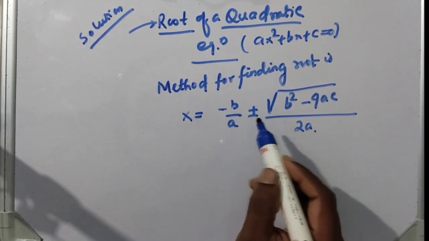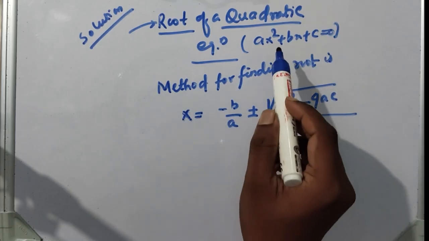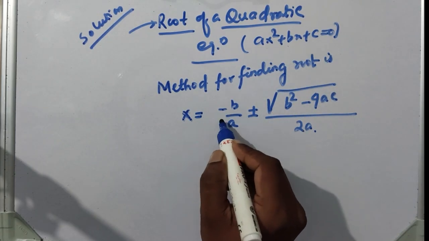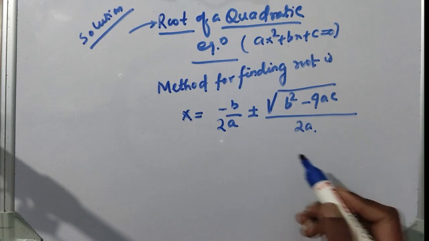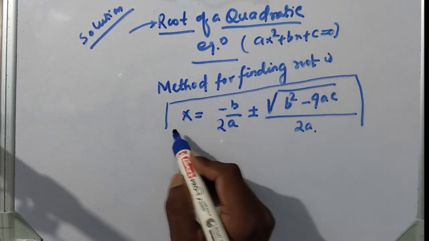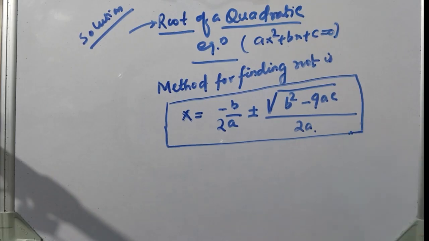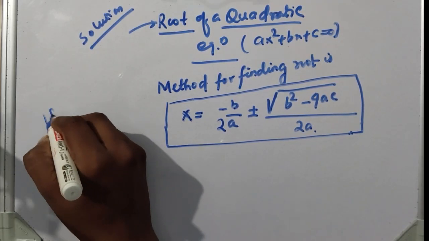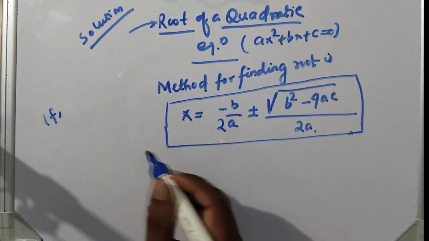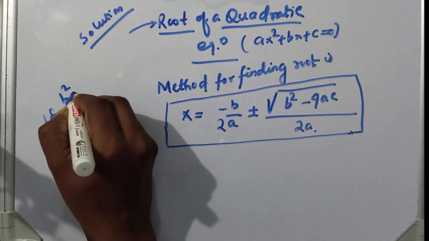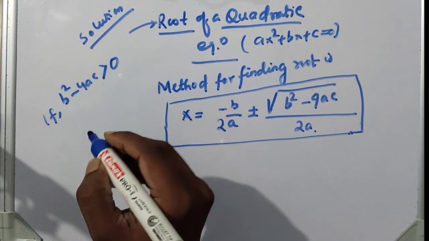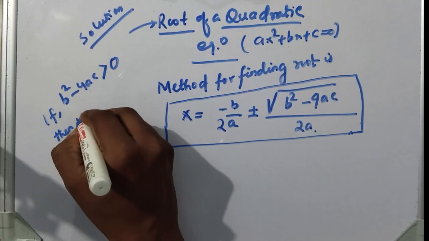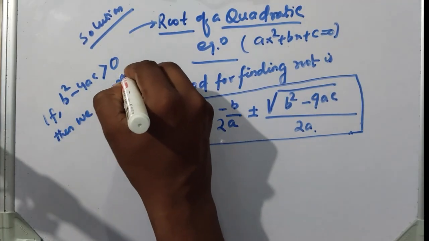So if x is a solution of this quadratic equation, then x is equal to minus b plus minus root over b square minus 4ac, all by 2a. This is the general formula and we have to memorize it. Now suppose b square minus 4ac is greater than 0, then we get real roots.